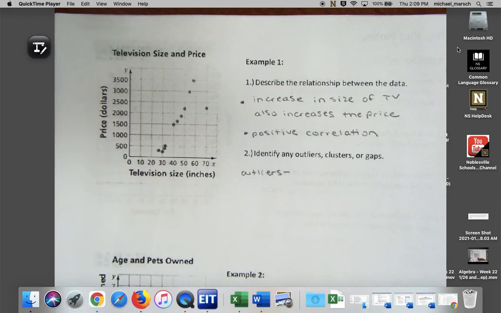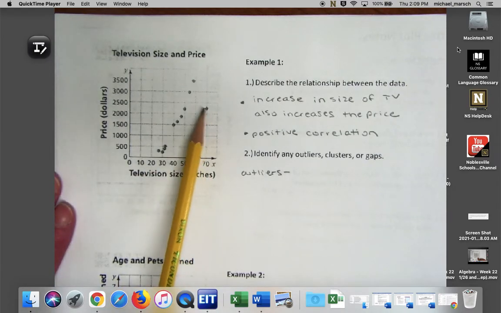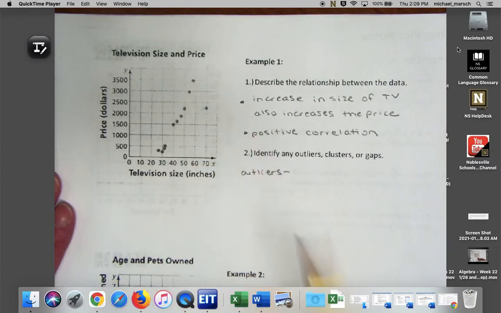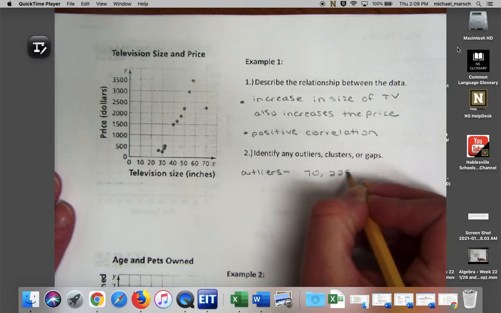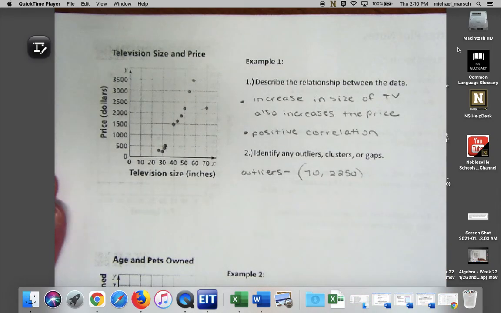Do you guys know what an outlier is? Any of them that don't really fit in. It's the one on the 70-inch television for about $2,250, right? We're learning about outliers right now in math. So it's something that doesn't quite fit in. It lies outside the rest of the data, and they can't really call it a lie outsider, so they call it an outlier.